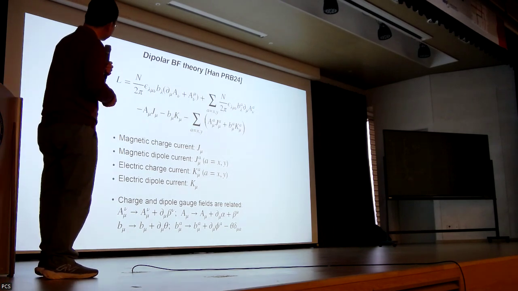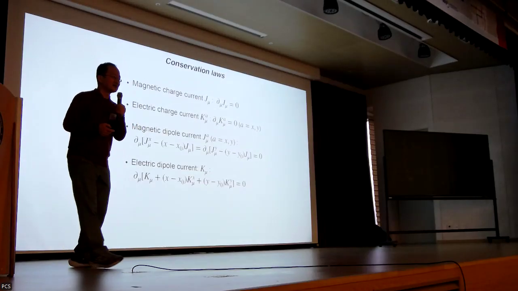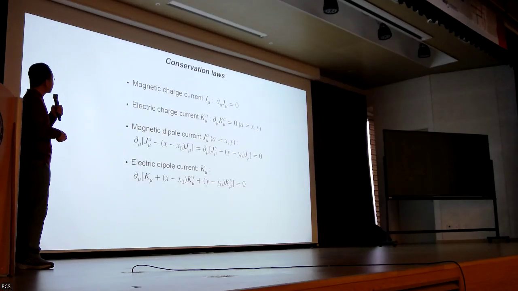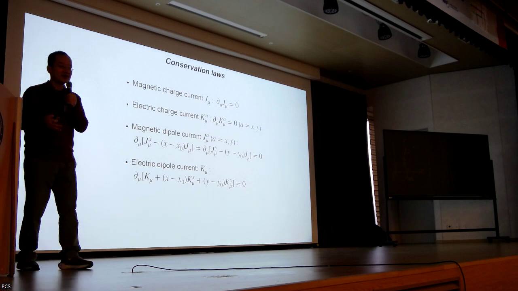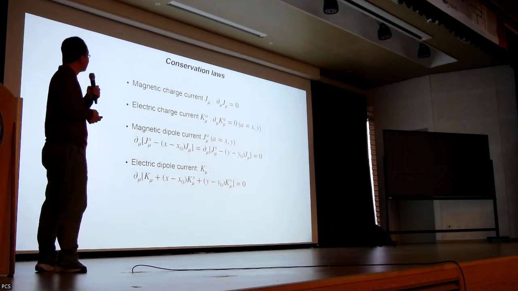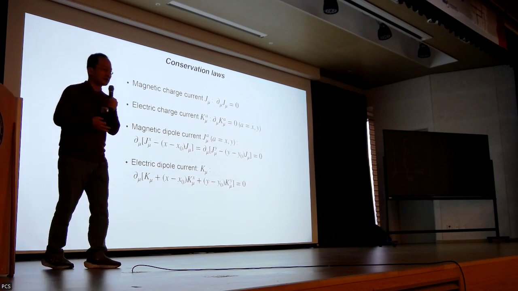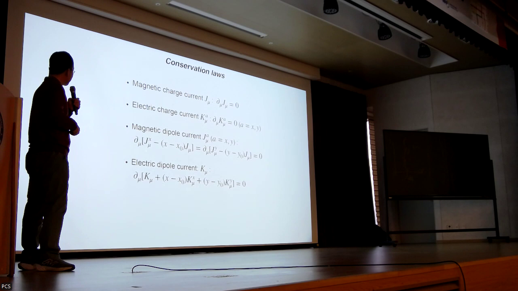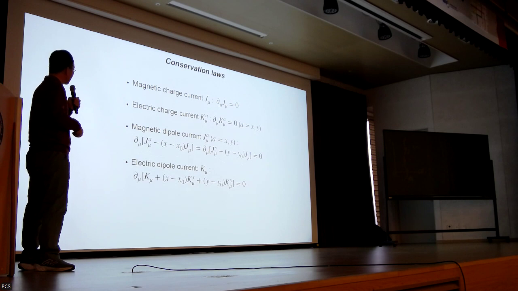And the consequence of that is that now you have some conservation laws, some of which are completely familiar. This is nothing but the charge conservation laws of various anyons. But there are also dipole current conservation laws, which come out in this way, and also this way, and also this way.